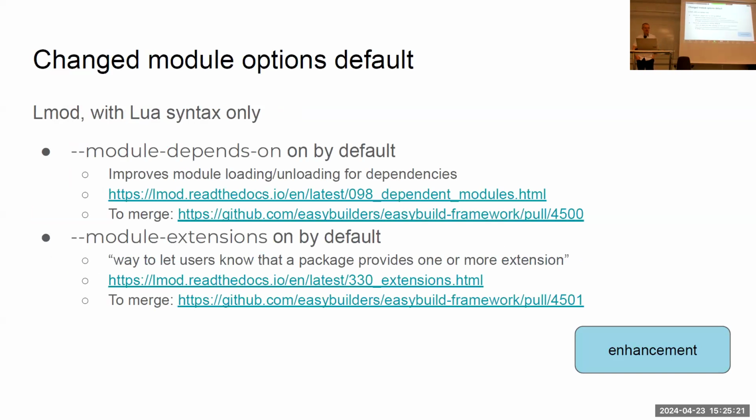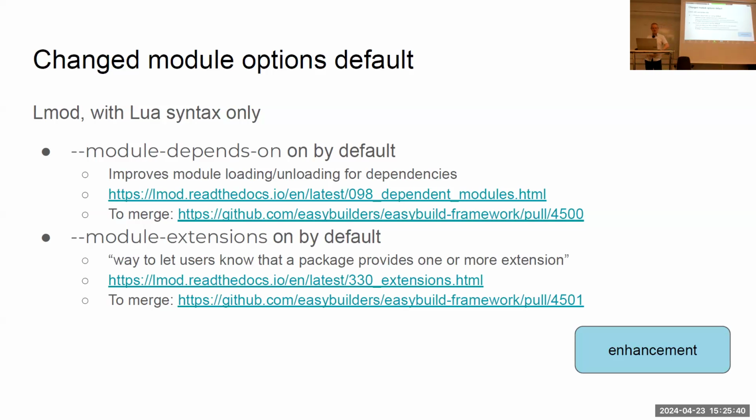Change module options. I think I'm right with this first statement that this is, well, it will be Lmod, I think it's Lua syntax only. We're going to flip some defaults to switch to using module depends on by default and switch to module extensions on by default.